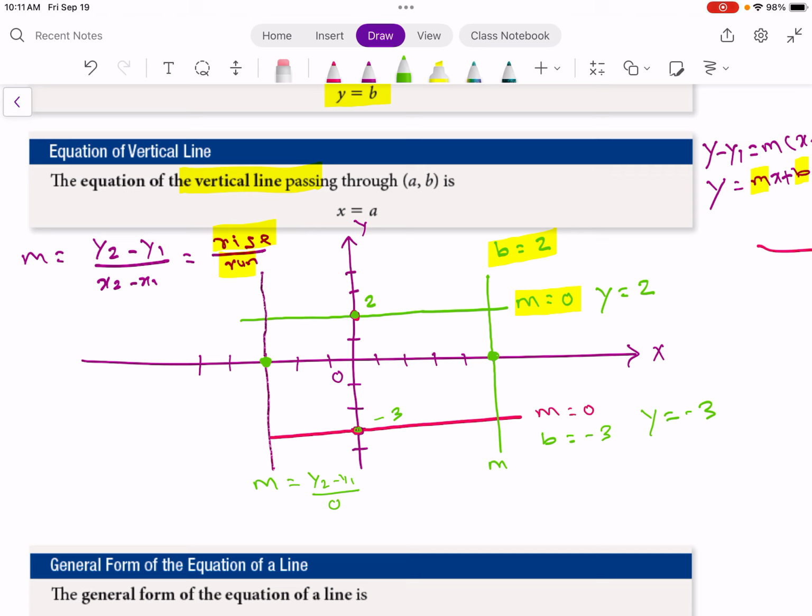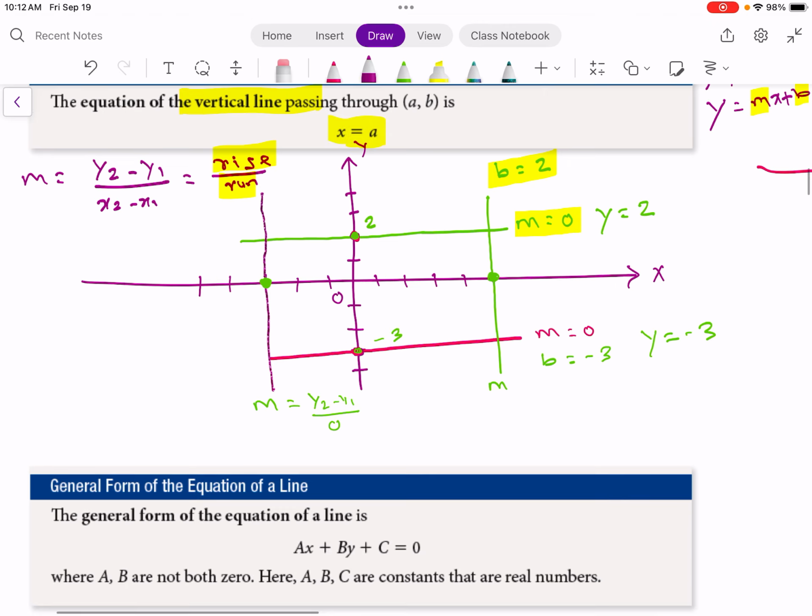We call it the x-intercept. So the x-intercept is given, and the slope is undefined. In general, the equation of this vertical line will be x equals a, and our a is the point where the line crosses the x-axis.